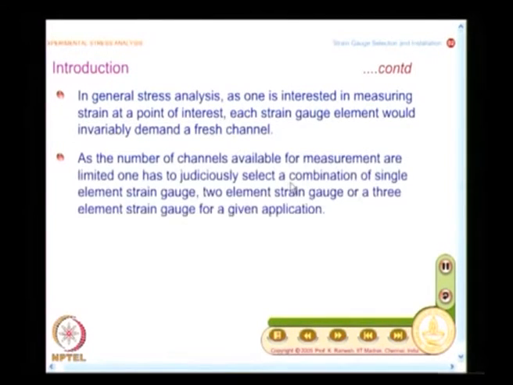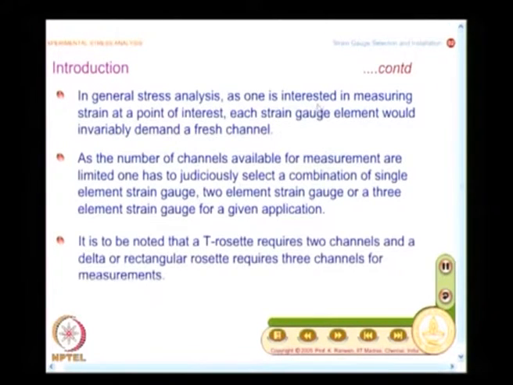So, the distinction is, in general stress analysis, one is interested in measuring strain at a point of interest. That is the focus. Maximizing the signal is secondary, because you may not be in a position to connect 4 strain gauges.